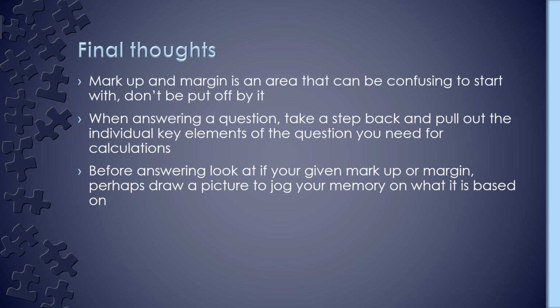Before answering, look at if you're given markup or margin. And again, perhaps draw out the pictures that we've done in this presentation to jog your memory. Anything that will help you just take that little step back and really solidify, clarify in your mind what it is that you're looking for and what you need to base your calculations on.